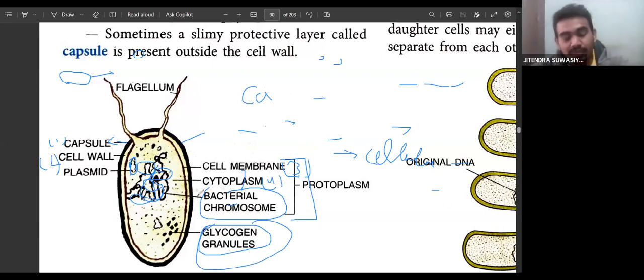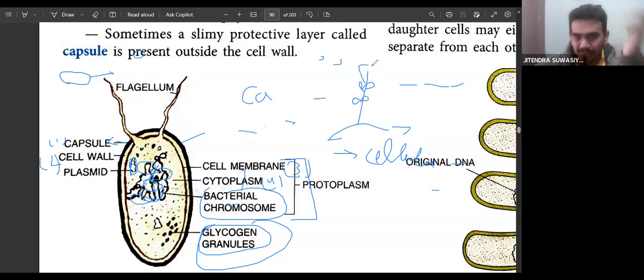Plasmid is sometimes used as a nucleus. As we know, in prokaryotes there is no presence of any nucleus, but in bacteria, the work of the nucleus is done by plasmids. In biotechnology in the agriculture field, we transfer one gene to another plant. If you want desirable characters in some plant, imagine this is a mango plant.